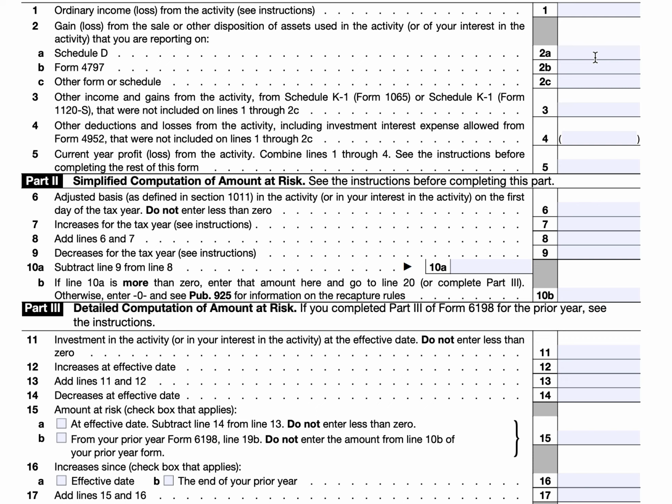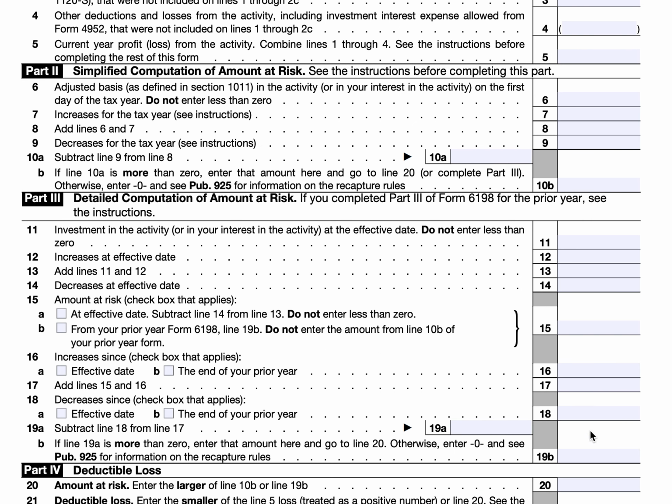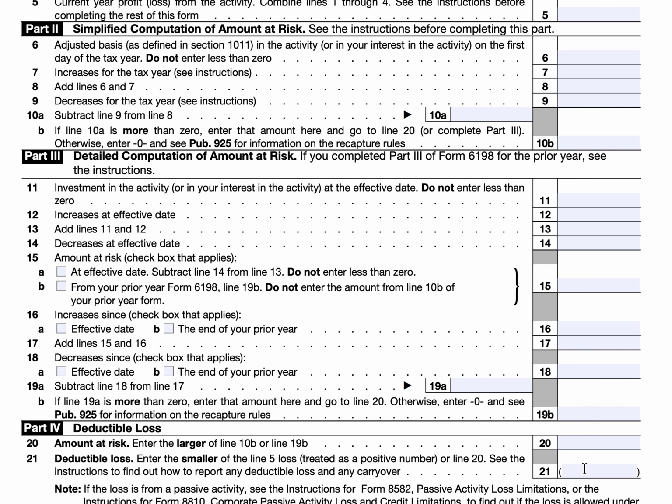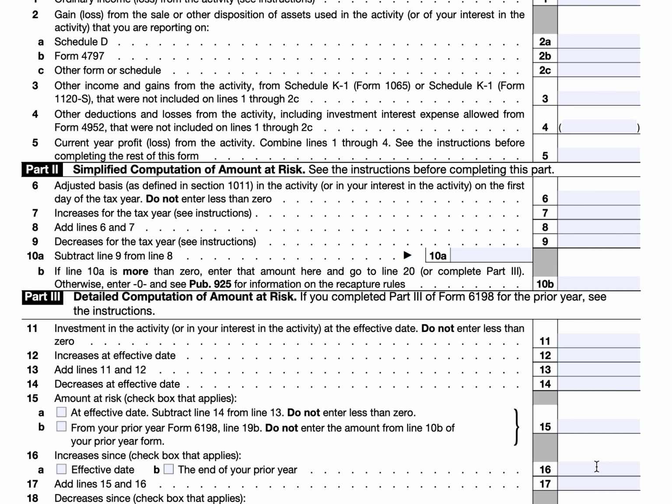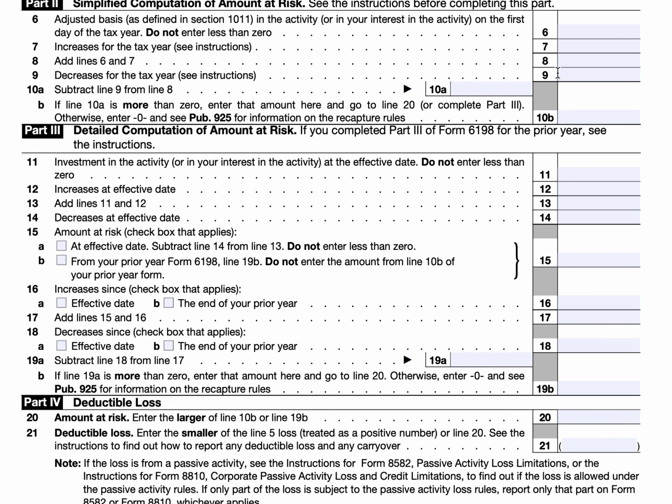So you would have to take that into account, and you would have to basically take a prorated amount of each loss, depending on what the loss on line 21 is. You would take the appropriate fraction from each category. The remaining portion of each deduction or loss item from the activity is disallowed and has to be carried over to the following tax year.